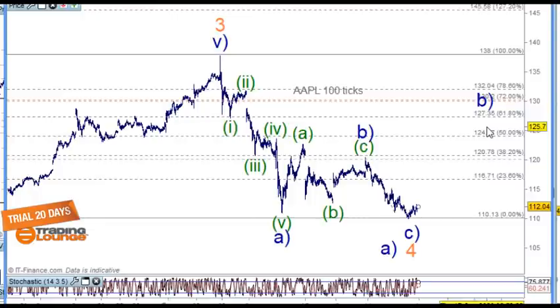So we'll just have to take it step by step, and as it matures, it will become obvious, and then in hindsight, it will become even more obvious. But there's always something to learn in hindsight as such.